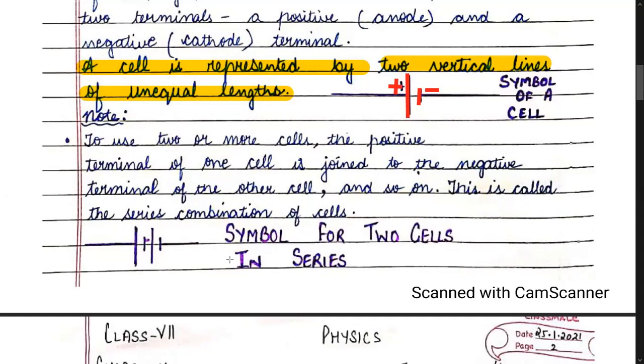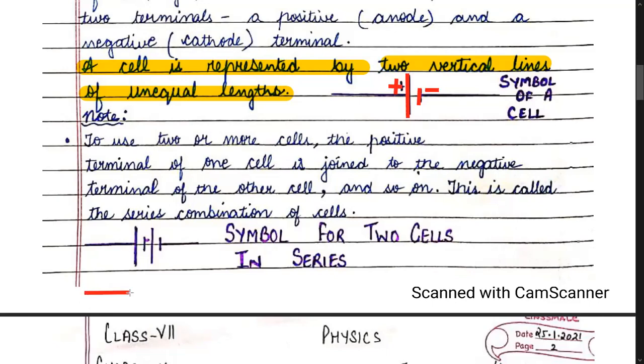To use two or more cells, the positive terminal of one cell is joined to the negative terminal of the other cell, and so on. This is called the series combination of cells. Students, we studied above that this combination in series of cells is known as a battery.